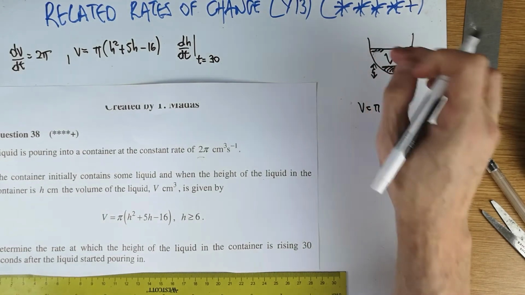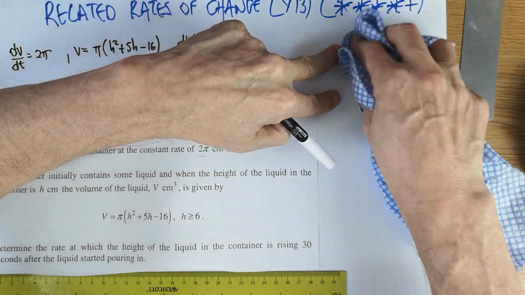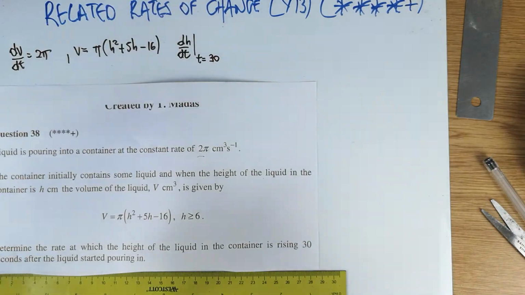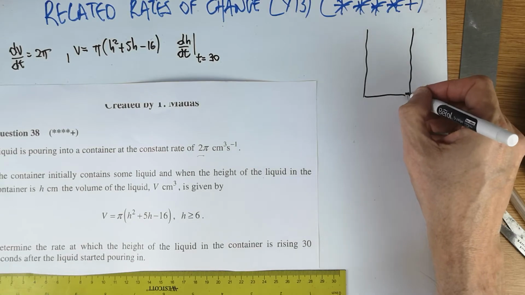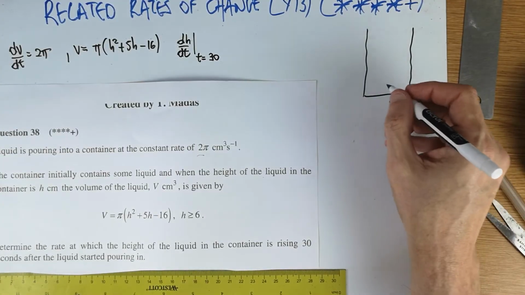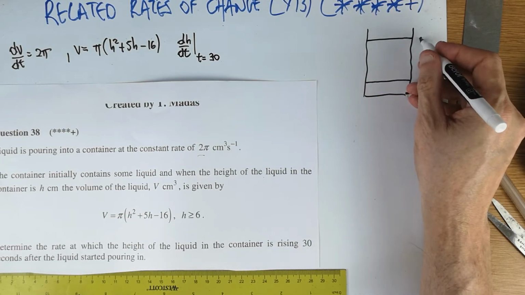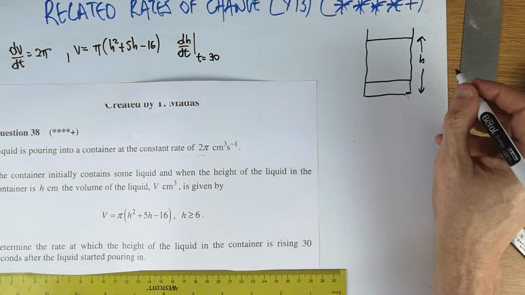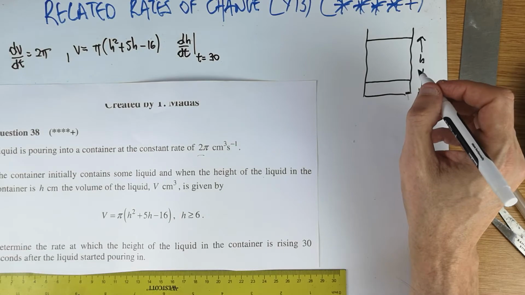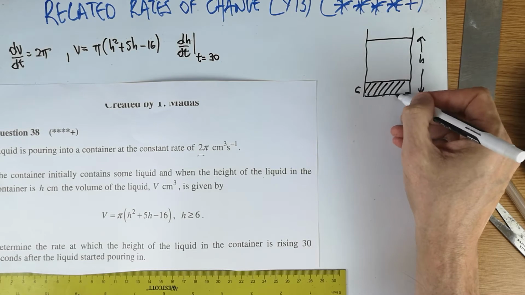I'll redraw this picture, as it's a little bit of a mess to follow what's going on. I drew it a little bit too small. The shape of the container is irrelevant really. I'm just going to draw a cylinder. This is 6, the amount of water they contained.